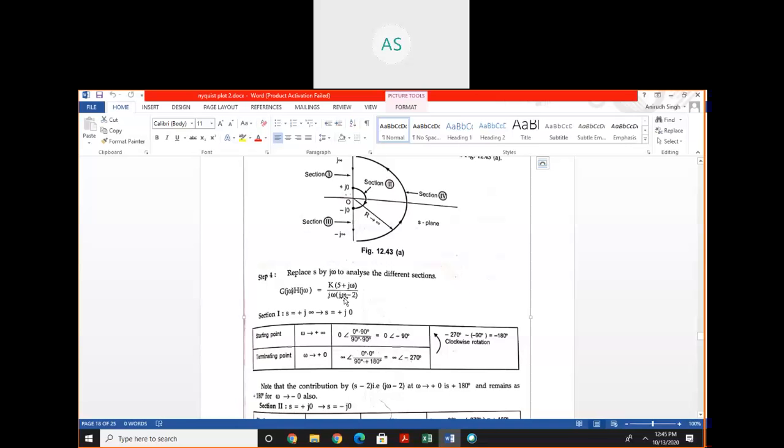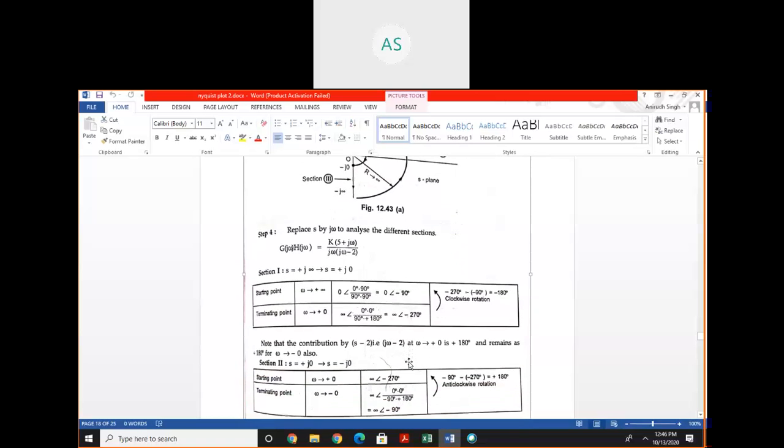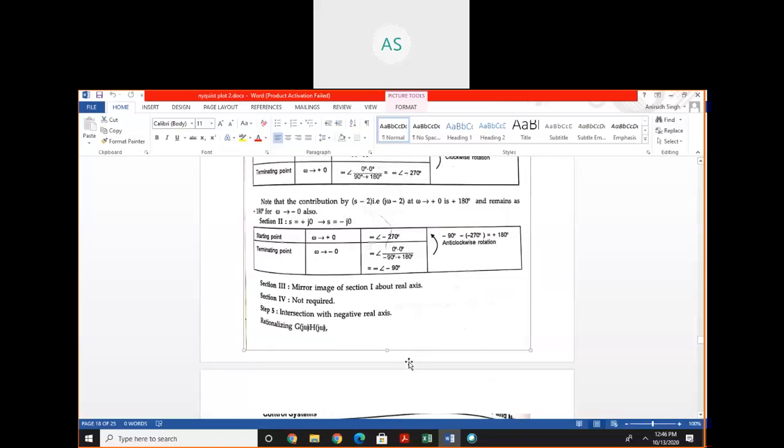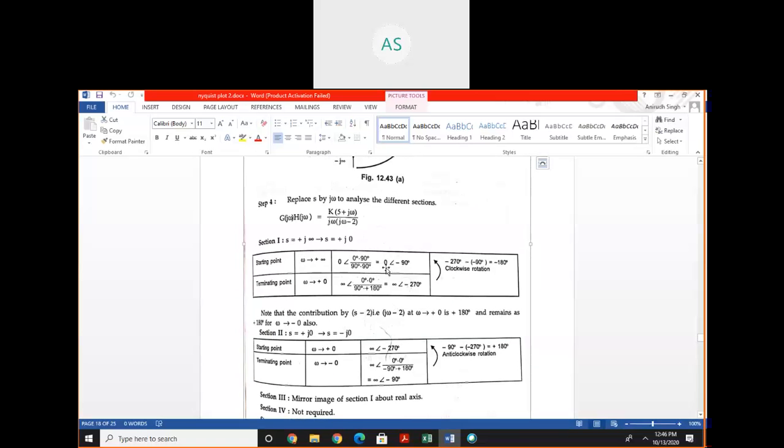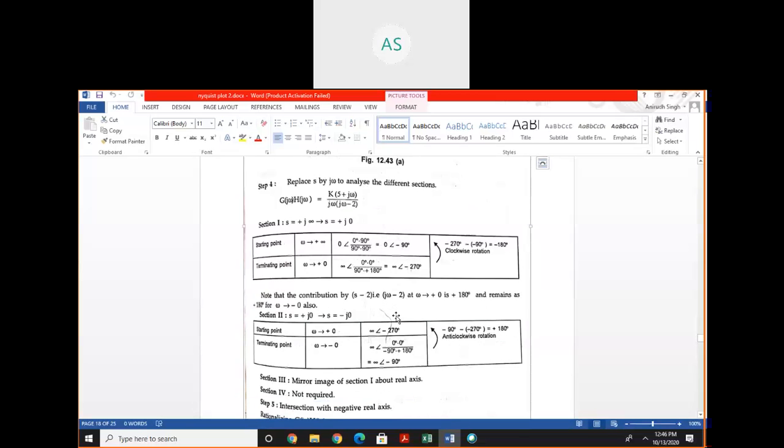When s approaches plus infinity, for the starting point, this term gives 90 degrees, this term gives 90 degrees, and this term also gives 90 degrees. So we get a starting point with magnitude 0 and angle minus 90 degrees.